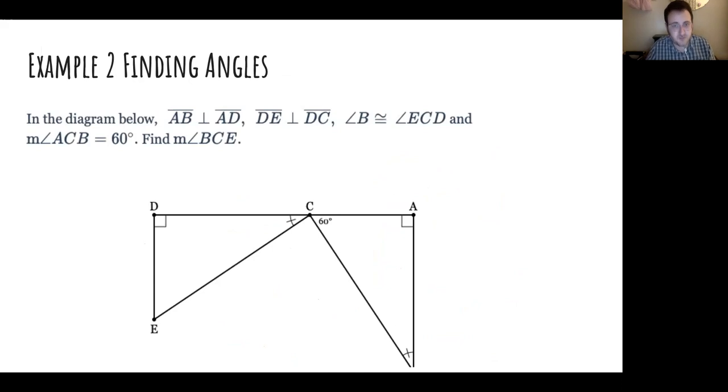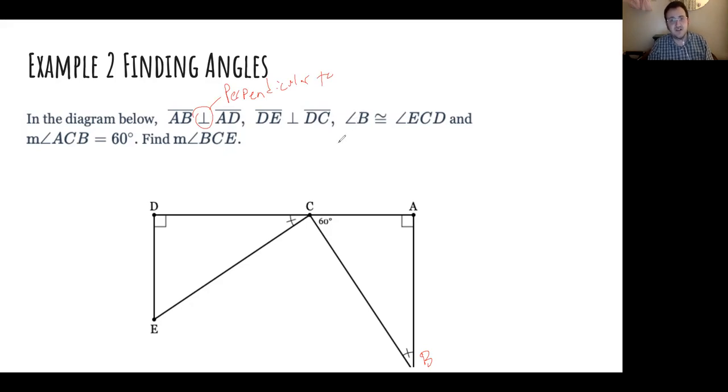All right, so example 2 here is finding angles. So this says in the diagram below, AB is perpendicular to AD, and DE is perpendicular to DC. B is kind of disappeared from my screenshot here, but that's what perpendicular means.